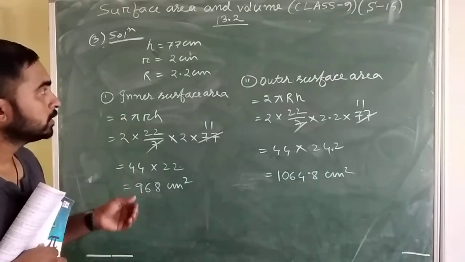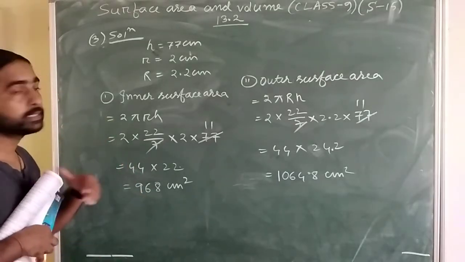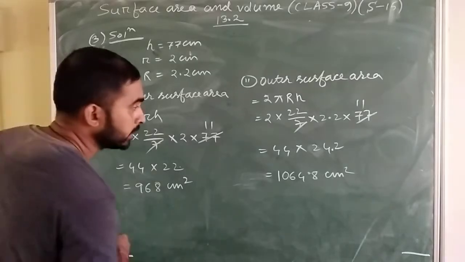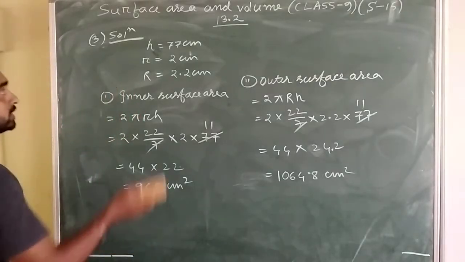Now the third part is we have to find out the total surface area. Number 3 is total surface area of the hollow cylinder. What is the formula?